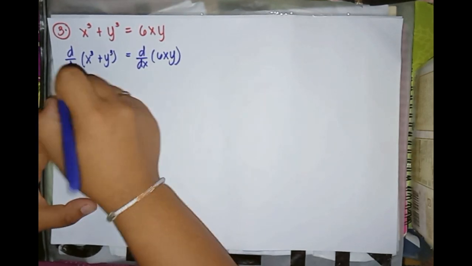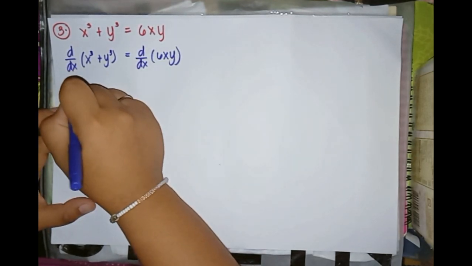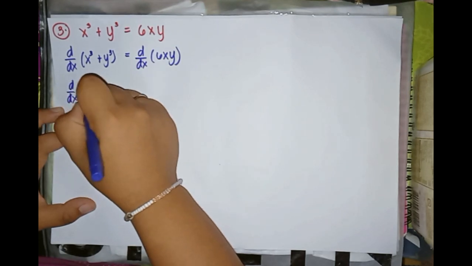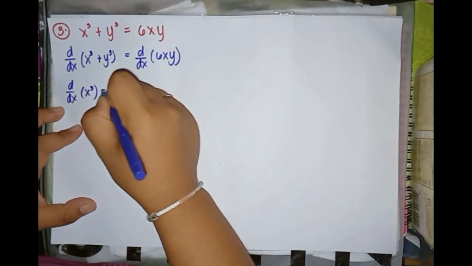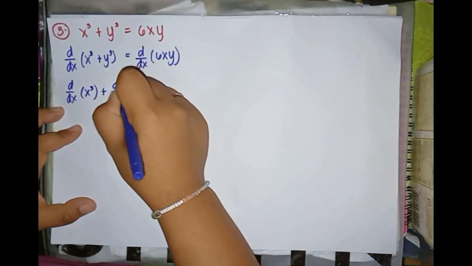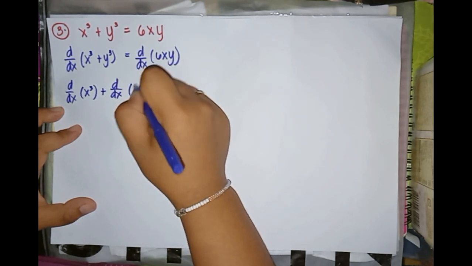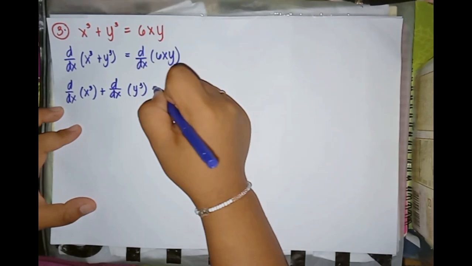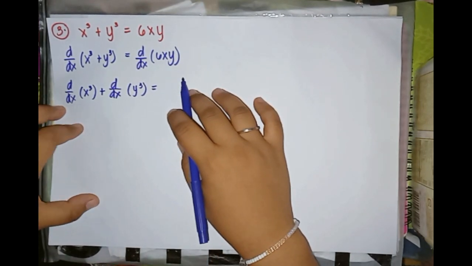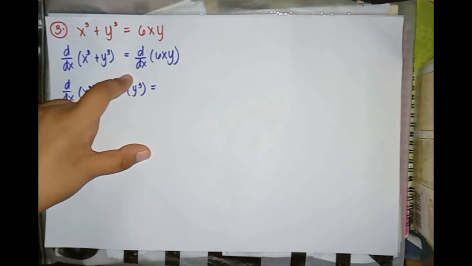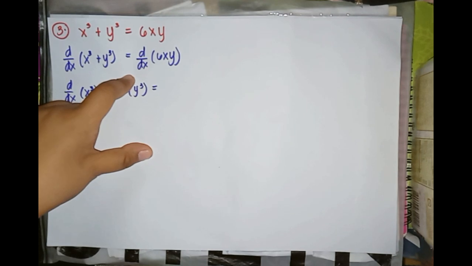We have d over dx of x cubed plus d over dx of y cubed is equal to. In getting the derivative of 6xy, we are going to use the product rule.